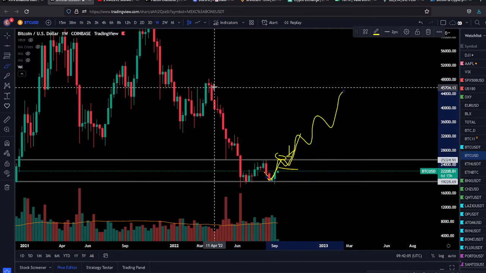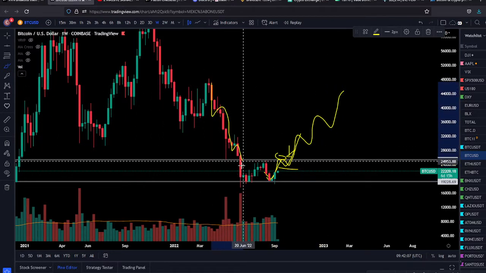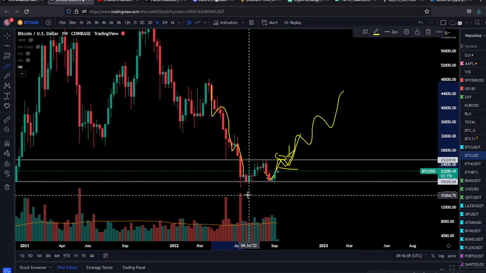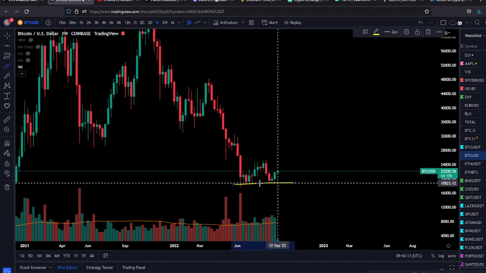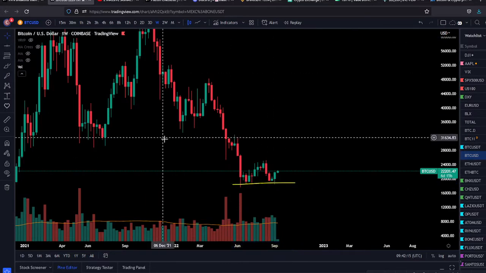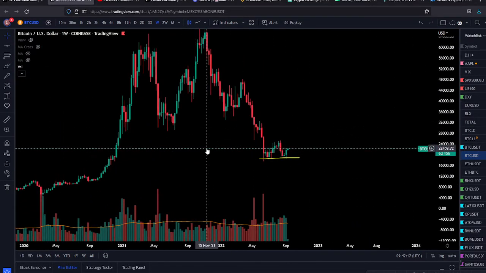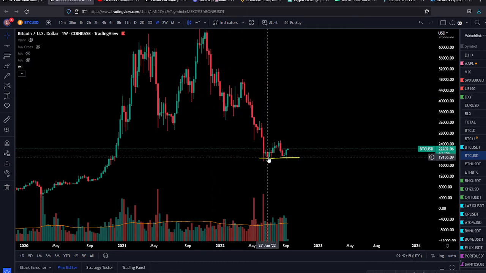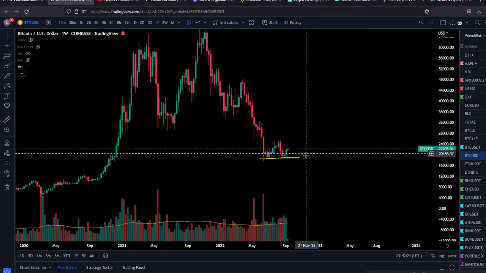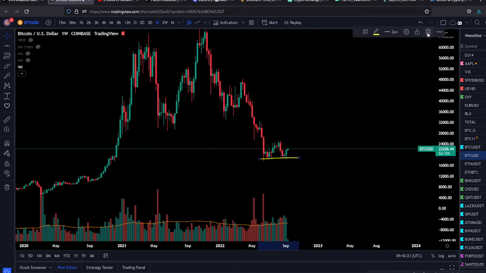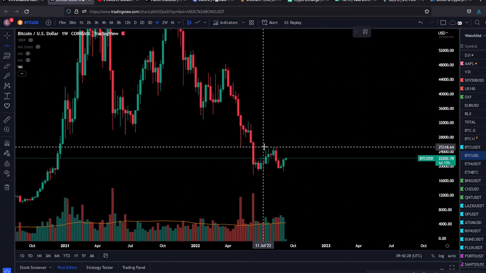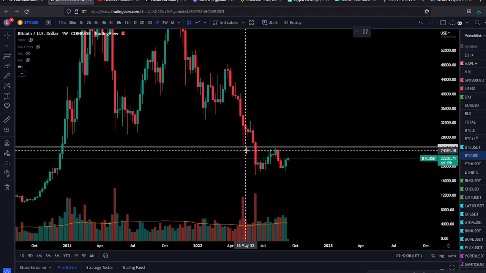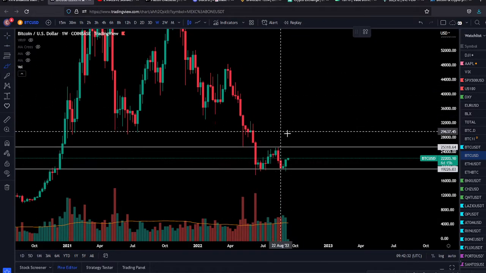DCA on the way down is risky because you don't know how low it's going to go. But if you start DCA at the 74% discount on Bitcoin, if you look at history, the maximum it goes in a bear market is 85 to 90%. So you're pretty near the lows, if the lows are not in. All right, so that's another strategy of how to buy. You can buy the range breakout to add on to your position.